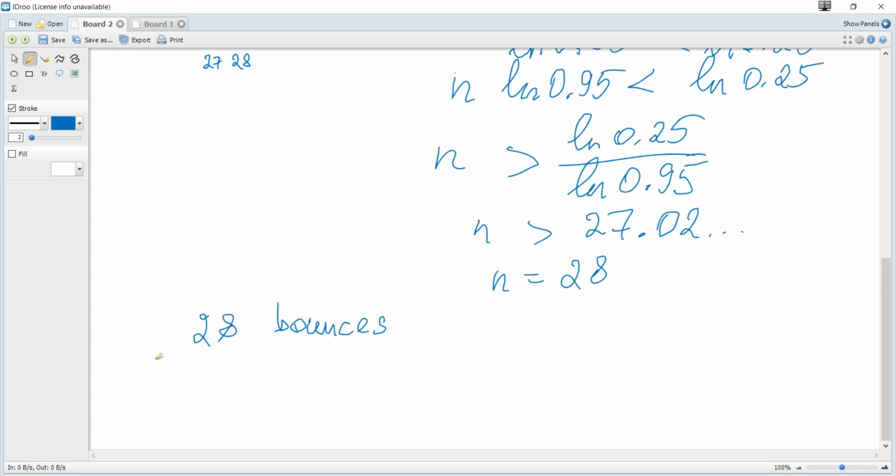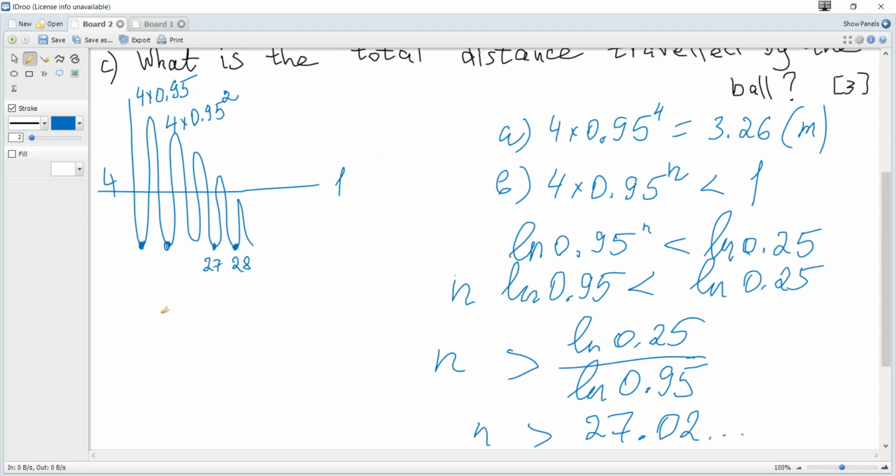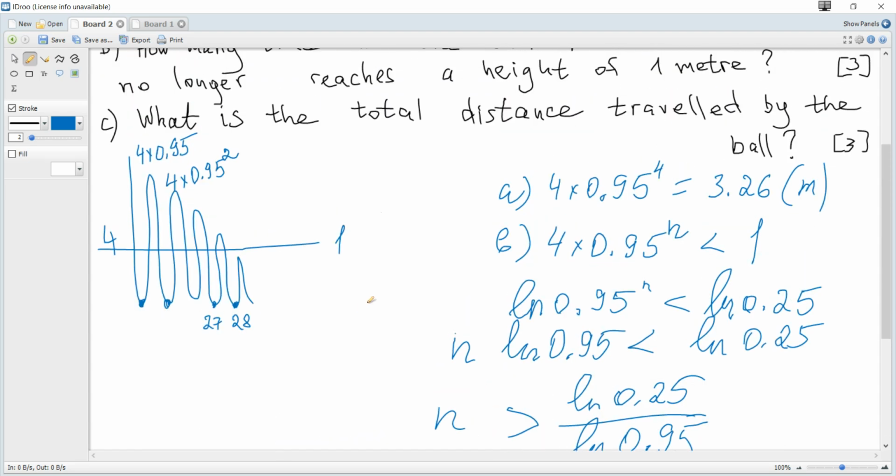The next, what is the total distance traveled by the ball?